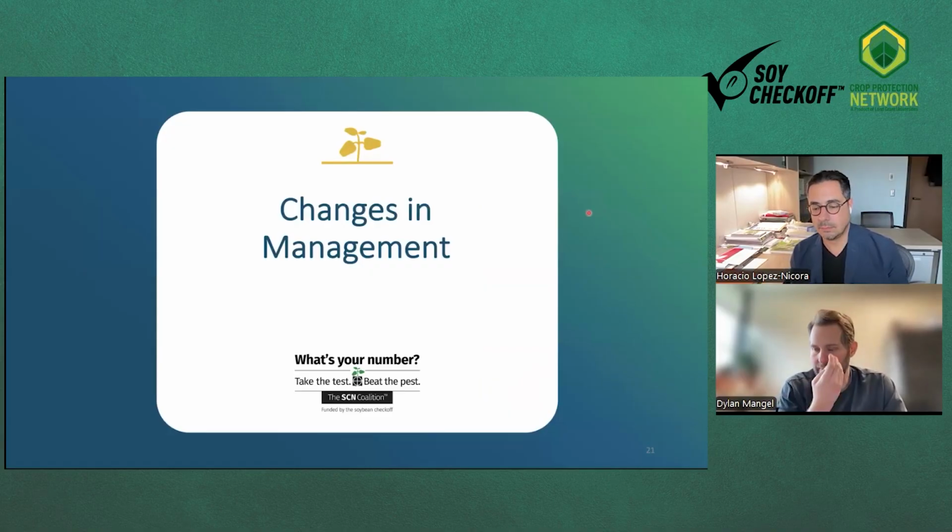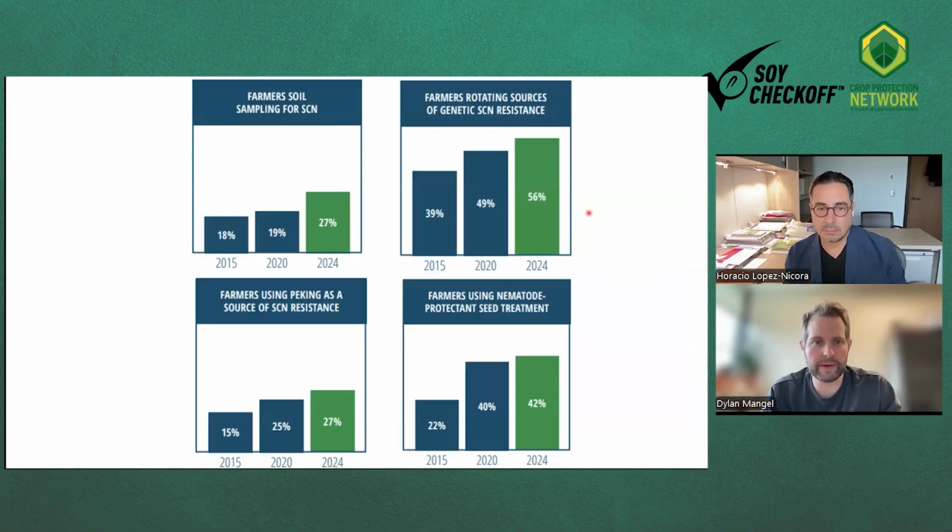So over time, we've been able to monitor changes in management. In the early 90s, a lot of growers weren't really aware of this and didn't know what to do about it, and they really didn't have options for what to do about it. But as tools rolled out, that first generation really used PI 88788 as a resistance source, and it helped alleviate this problem for several years.